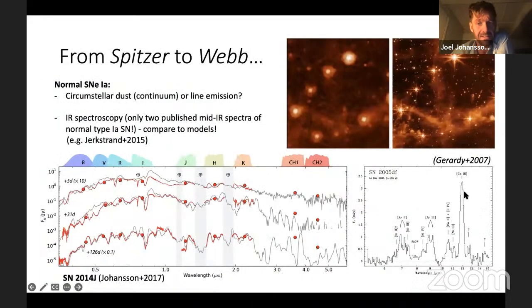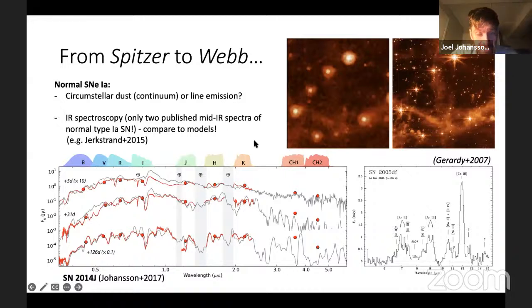So we'll just flash some very quick things here. The program I referred to is to look at normal type Ia supernovae that we use for cosmological distance measures, is to observe them with the Webb telescope and get a spectrum.